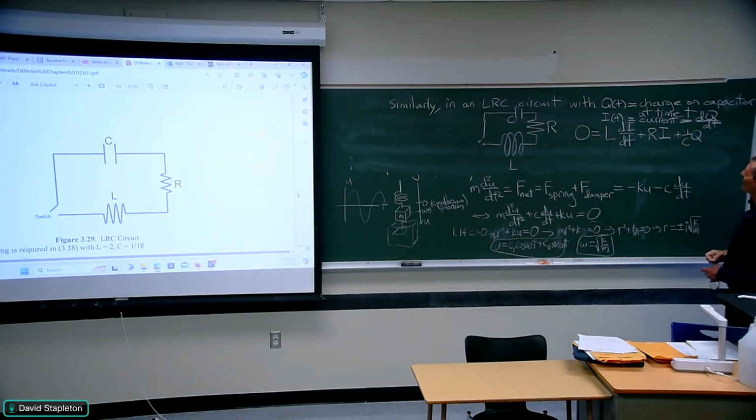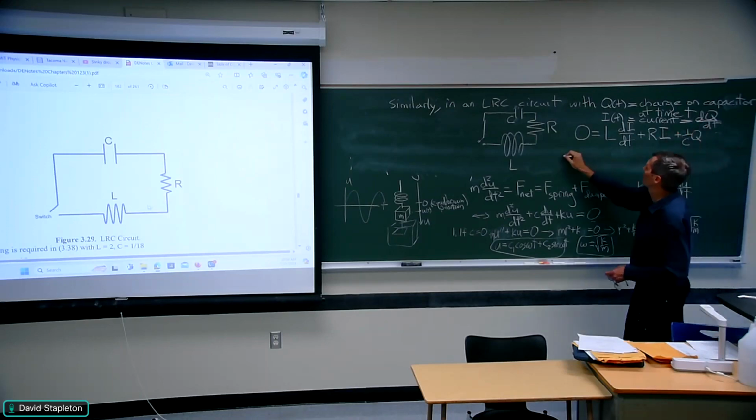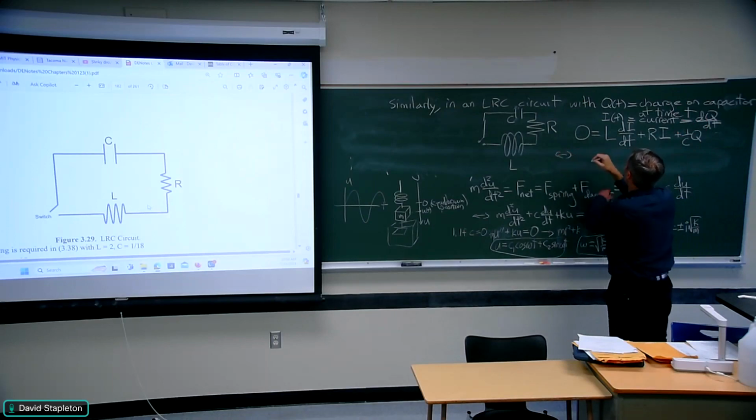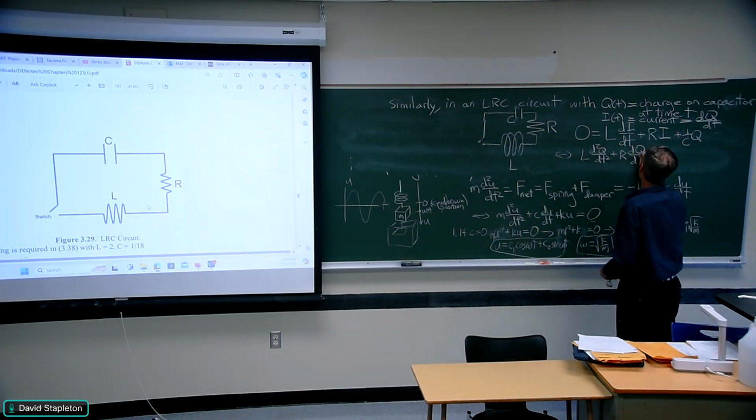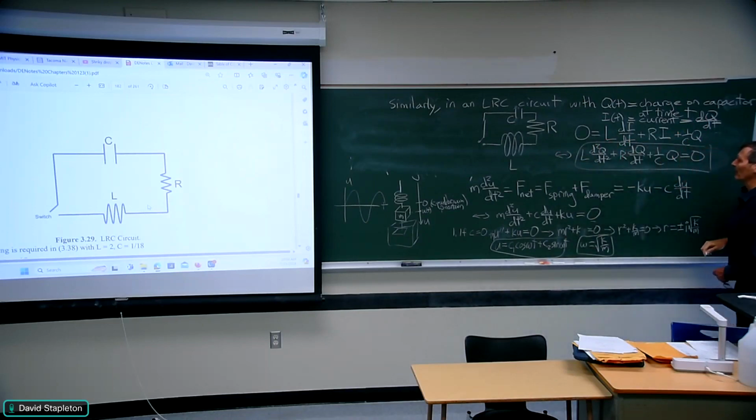And so you have this equation for the charge and current here, but now I is dq/dt, so you rewrite this equivalently. It'll switch sides here as L d squared Q/dt squared plus R dq/dt plus 1 over C Q equals 0. And this is correspondingly the equation for the LRC circuit.